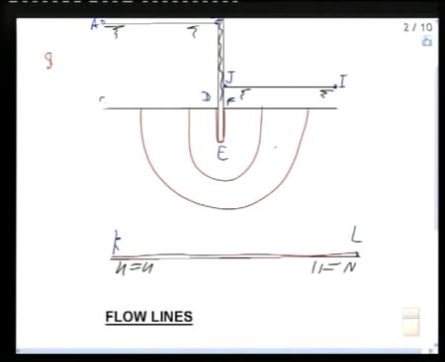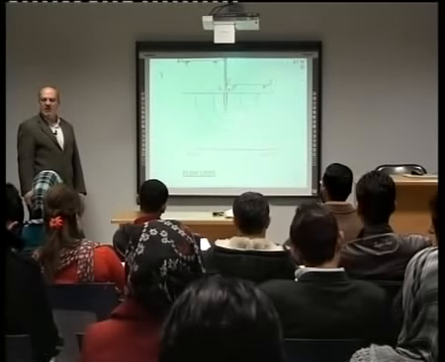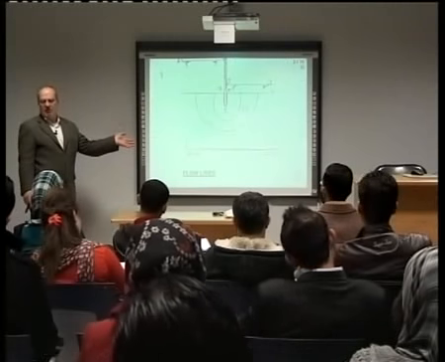Maybe it's good. What was the letter there? No, this is not K. G. G. Okay. I drew several flow lines, okay? Several flow lines to represent the millions of flow lines that can be drawn here, right?